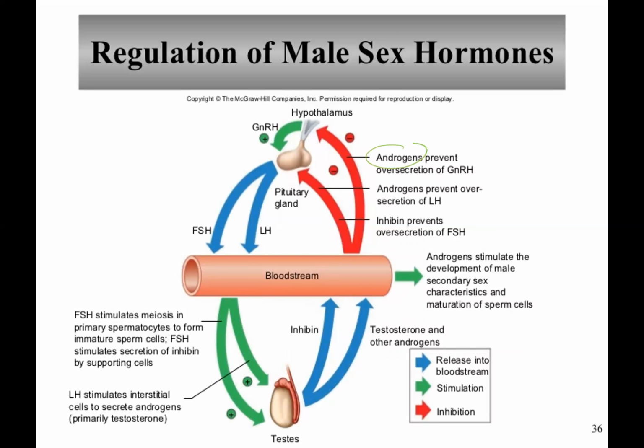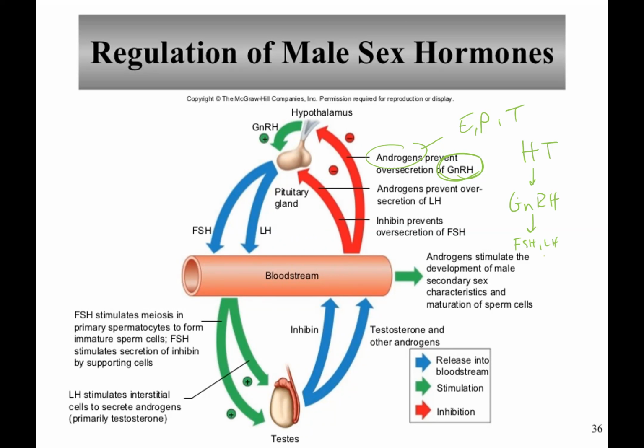Your androgen hormones are estrogen, progesterone, testosterone. Androgens do help prevent oversecretion of gonadotropin-releasing hormone, which comes from the hypothalamus. The hypothalamus releases gonadotropin-releasing hormone, which then releases your follicle stimulating hormone and luteinizing hormone.